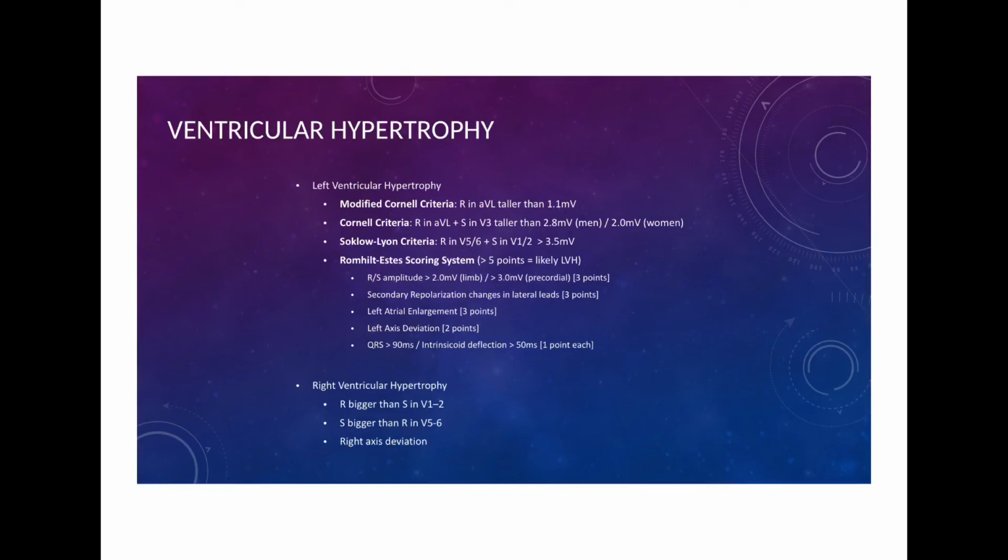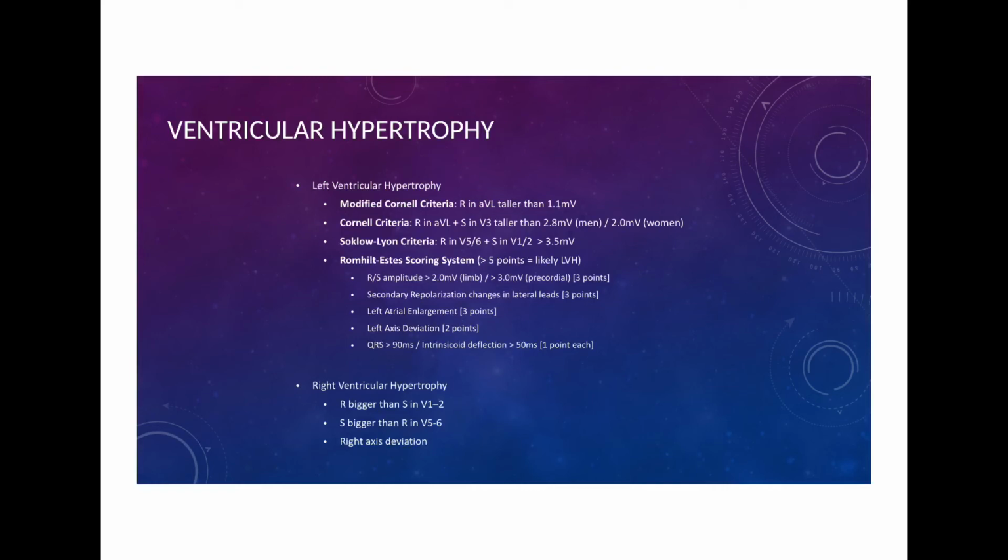Ventricular hypertrophy. For left ventricular hypertrophy, there's a number of complicated criteria that people have come up with to establish that someone has left ventricular hypertrophy, many of which you don't need to memorize, but the general principle is that you'll see really tall R waves in the lateral leads 1, AVL, V5, and V6.